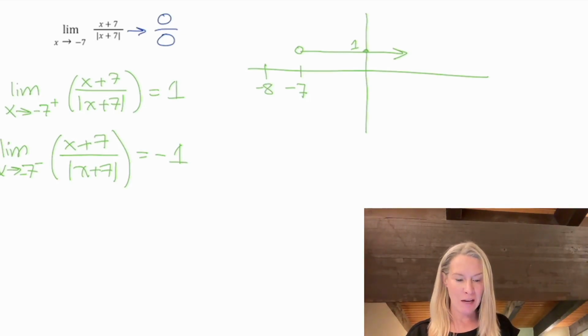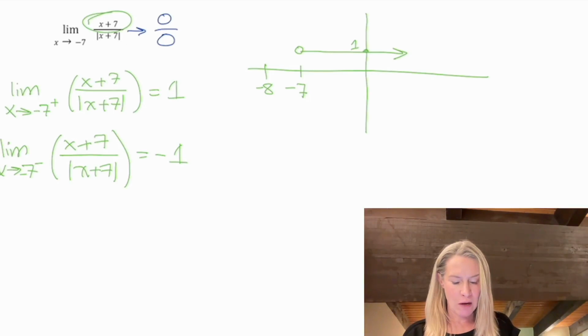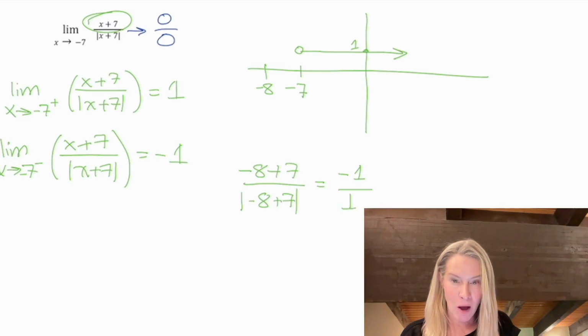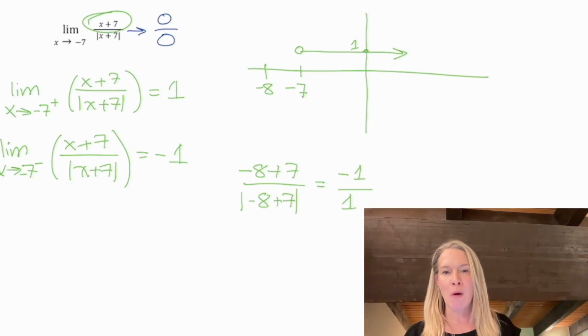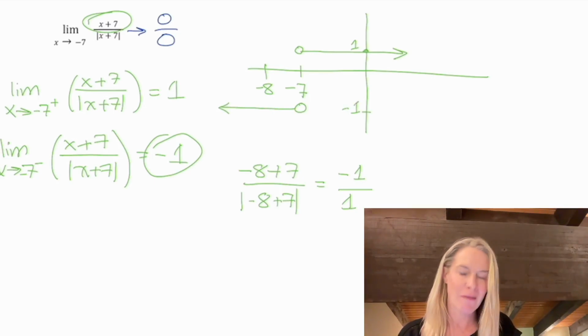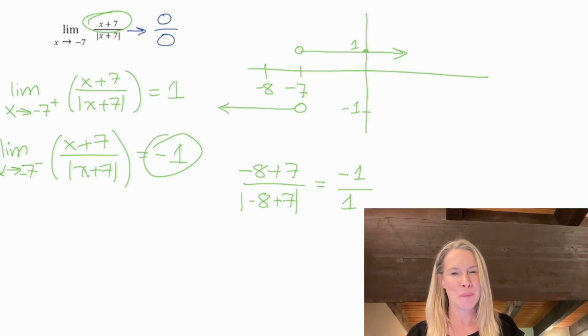If I plug in a -8, the numerator, -8 plus 7, would be -1. And then the denominator, -8 plus 7 in absolute values, goes to +1. -1 over +1 gives me this -1. So from -7 and everything below that, we're going to have an output value of -1.